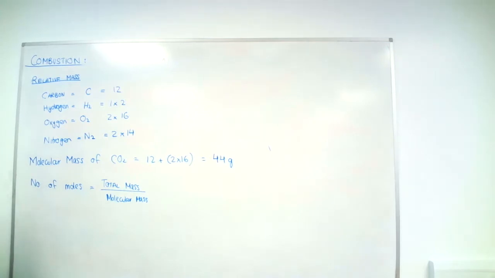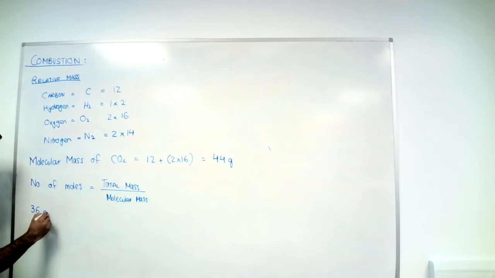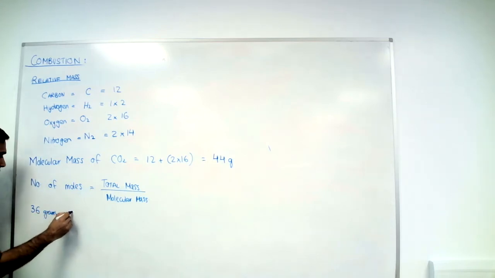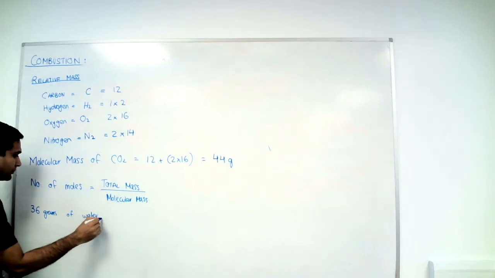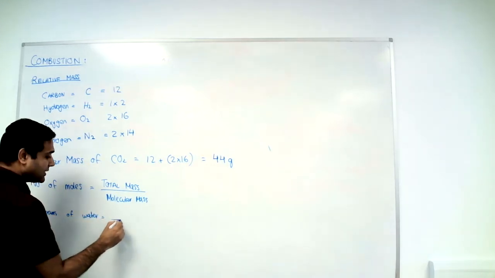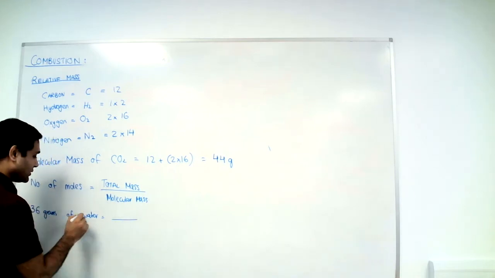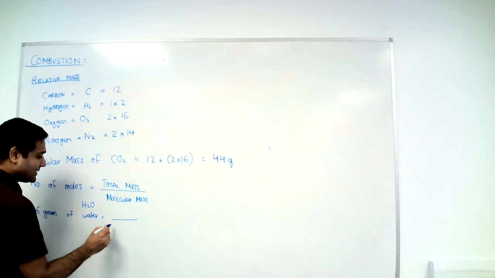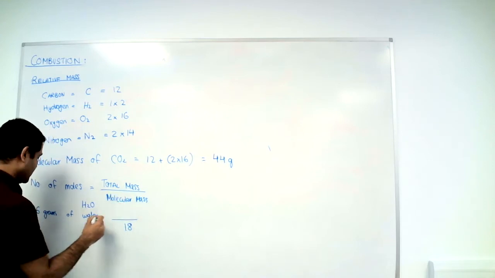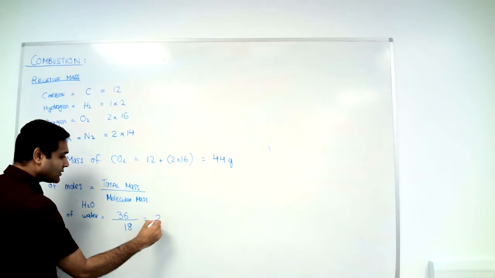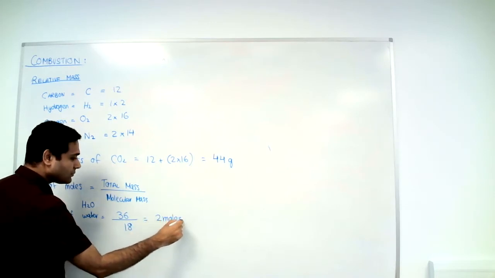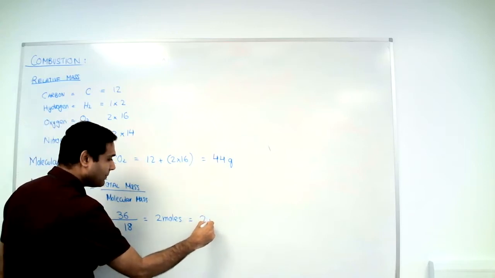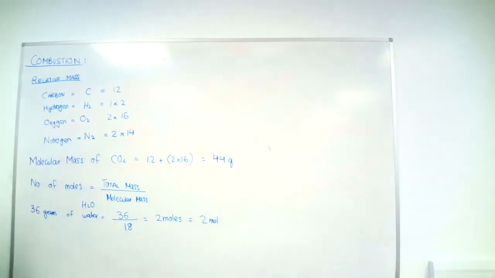For example, let's say I have 36 grams of water and I want to find out how many moles it is. The molecular mass of water, H2O, is 18. The total mass is 36, so it's 2 mole. Usually we write mole as mol, that's the abbreviation.